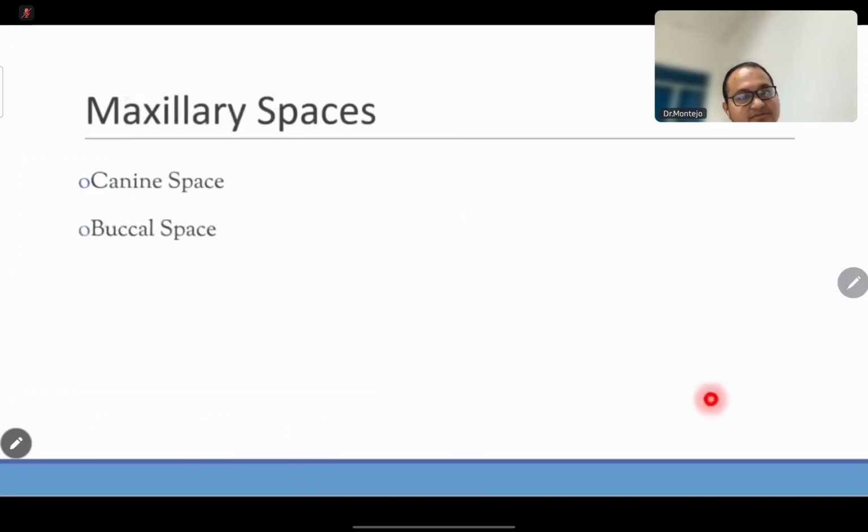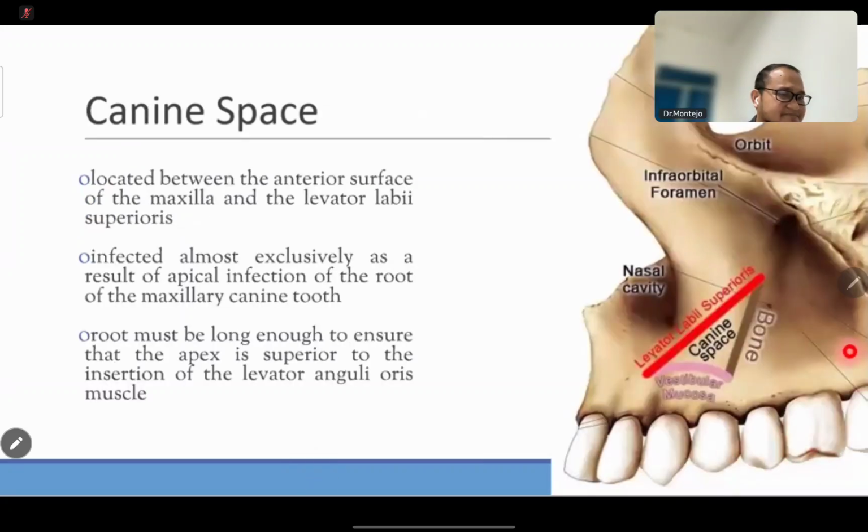Before we go to the deep neck infections, let's start with the basics, the different spaces in your head and neck. Let's start with the maxillary space. For your maxillary space, you have two spaces, right? Your canine and also your buccal. Let's start with your canine space.